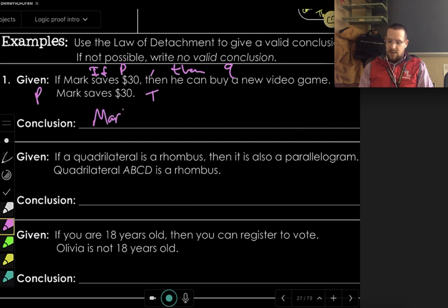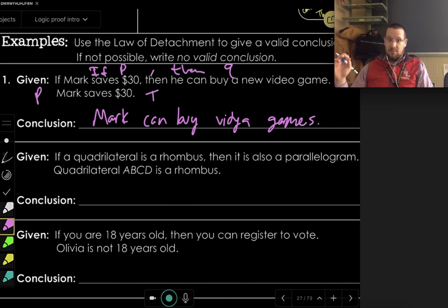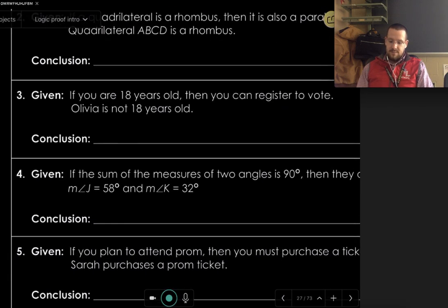We can conclude that now Mark can buy video games. And again, like I said, don't overthink it. If Mark saves $30, then he can buy a video game. Guess what? He saved $30. So now he can buy a game. That's it. That's all.